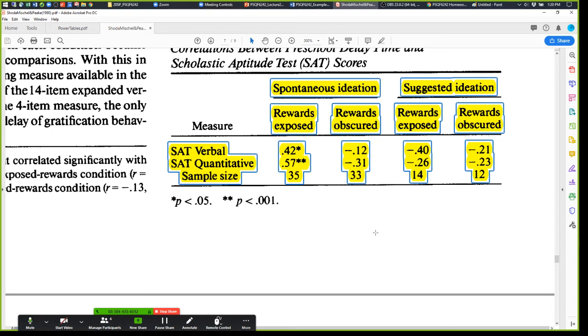Less than 0.05 is my type 1 error rate. That is the likelihood that this is a false alarm. We set that. That's what choosing an alpha level means. What is the type 1 error rate for a correlation of 0.57? Yeah, it's a lot less. It's a stronger effect. It's less likely to be due to a false alarm.